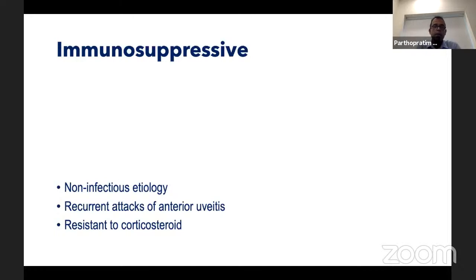We learned about the immunosuppressives from our rheumatology colleagues, and now we know that we can use them for non-infectious etiology, recurrent attacks of anterior uveitis, and cases which are resistant to corticosteroid.